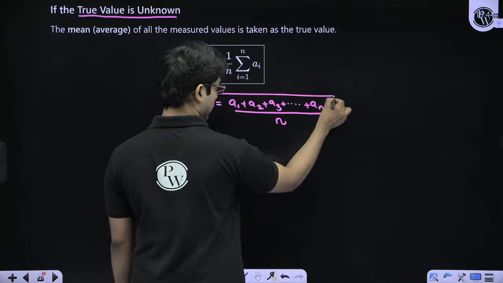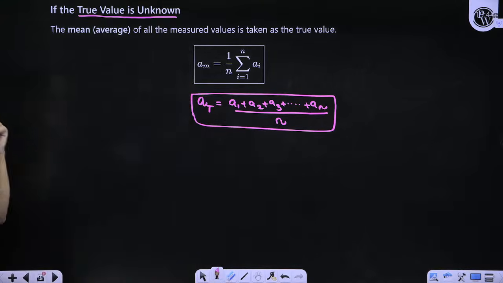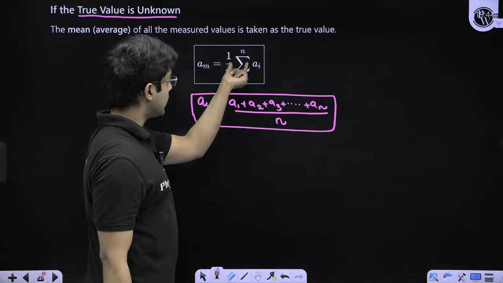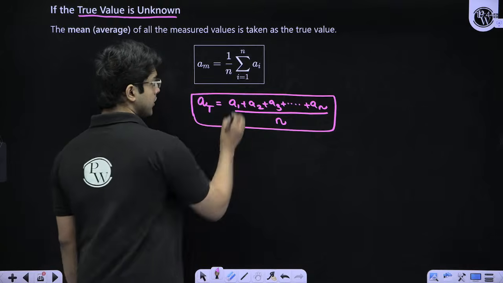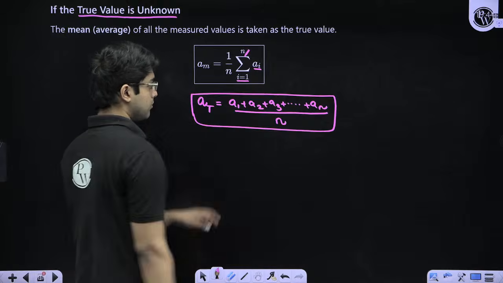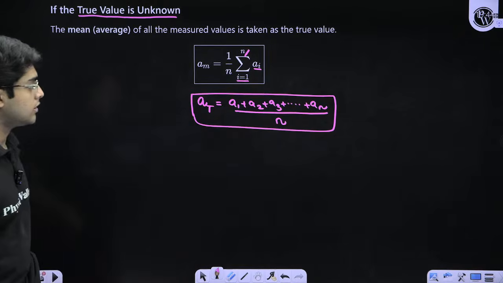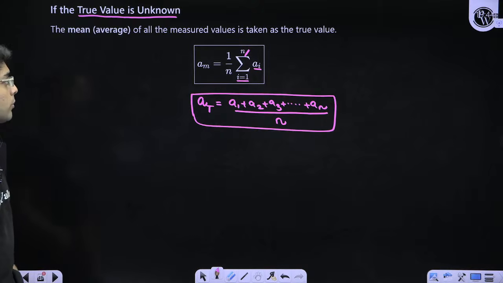This is what we will consider as the true value. Using mathematics you can write it like this: sigma A_i from i equal to 1 to n. That means A1 plus A2 plus A3, you add up all these terms. Okay.